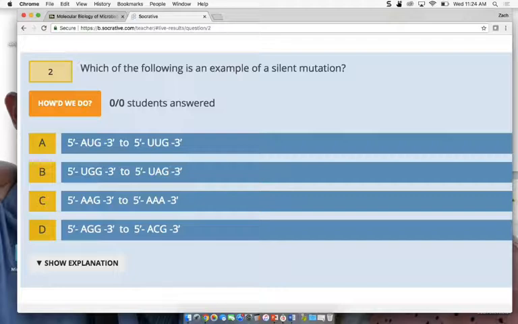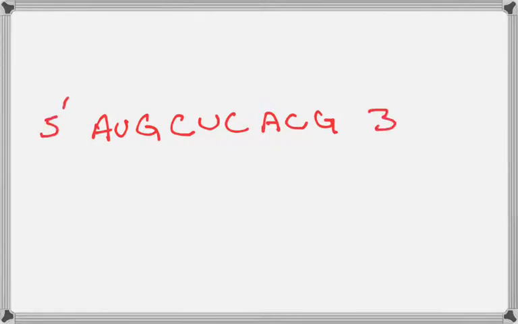So if, for example, we had a codon sequence like this, where we had AUG, CUC, ACG, and the polymerase has made a mistake in the genome, therefore changing the mRNA sequence to AUG, CUU, CAC.